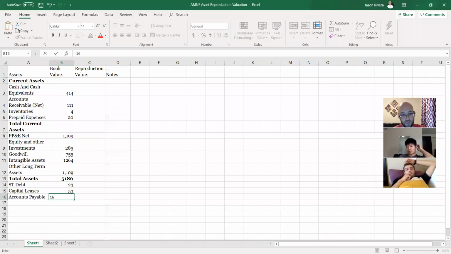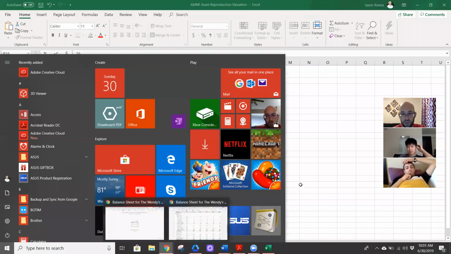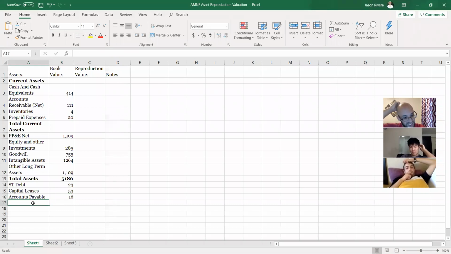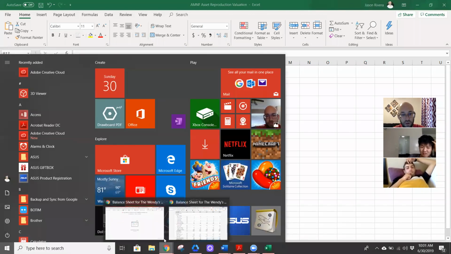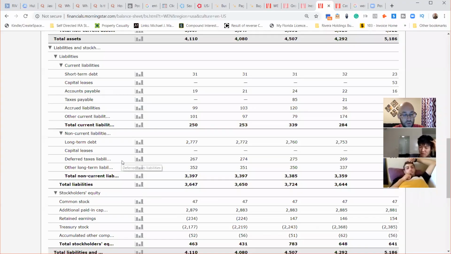We'll read out the numbers for you if you want. So what are we up to? Accounts payable. The next one is taxes payable, which I had at nothing for some reason. Double check that.